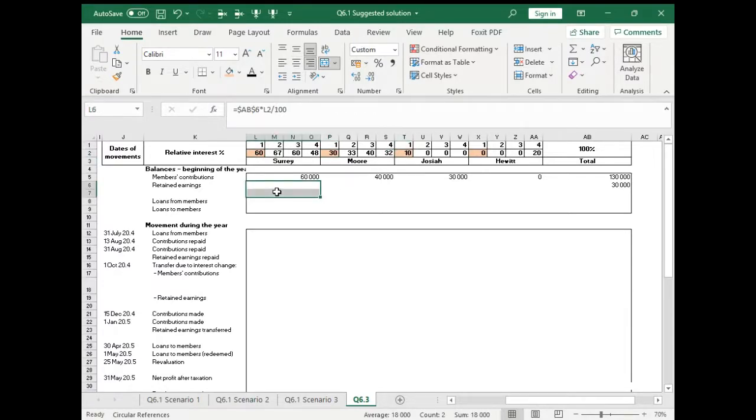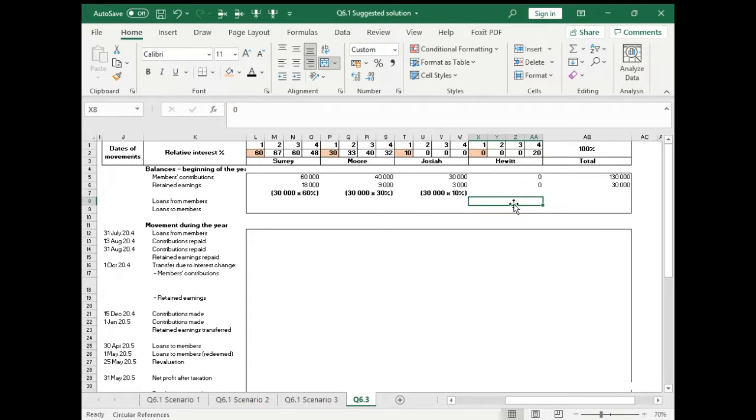So for Surrey, we take the 30,000, multiply it by 60%, which gives me 18,000. That relates to Surrey. 9,000 is Moore's, and then 3,000 relates to Joshua, and because Hewitt was not really part of it at that stage, his amount would be 0.